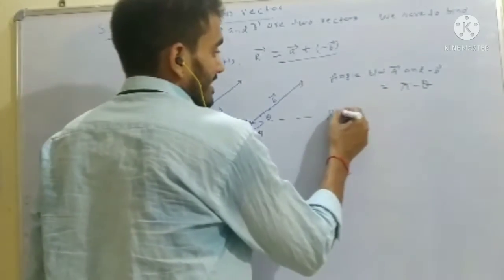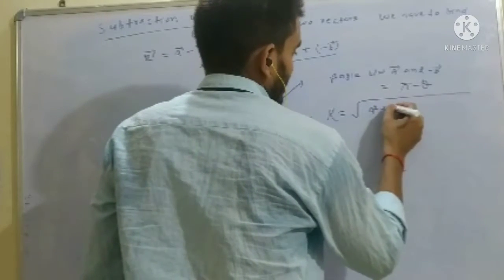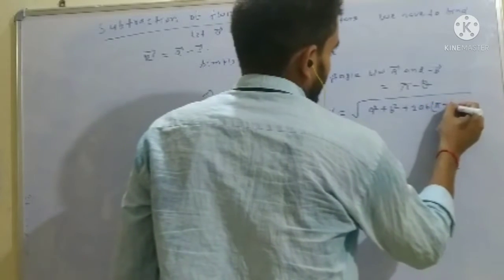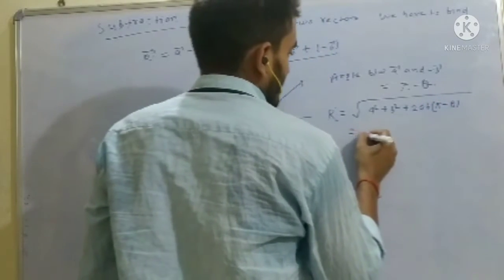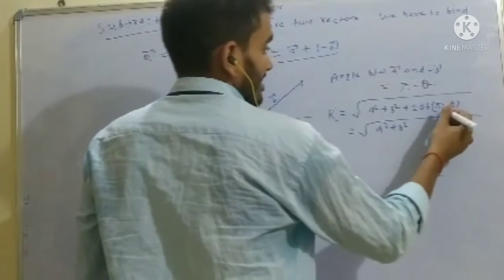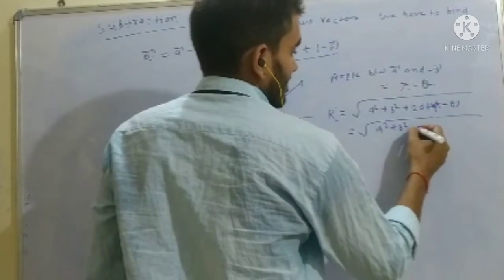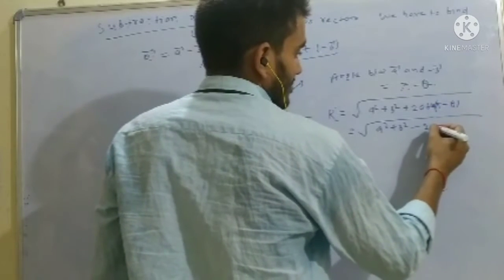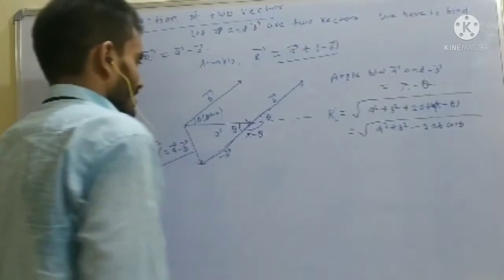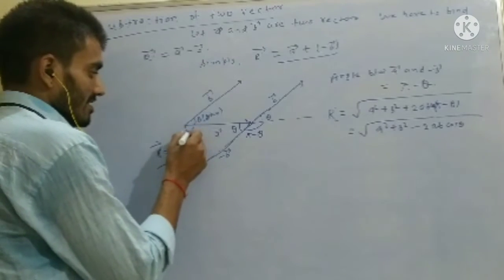Resultant is simply given by r dash equal to under root of a square plus b square plus 2ab cos pi minus theta, that is a square plus b square minus 2ab cos theta, since cos pi minus theta is minus cos theta. And this is the angle alpha.